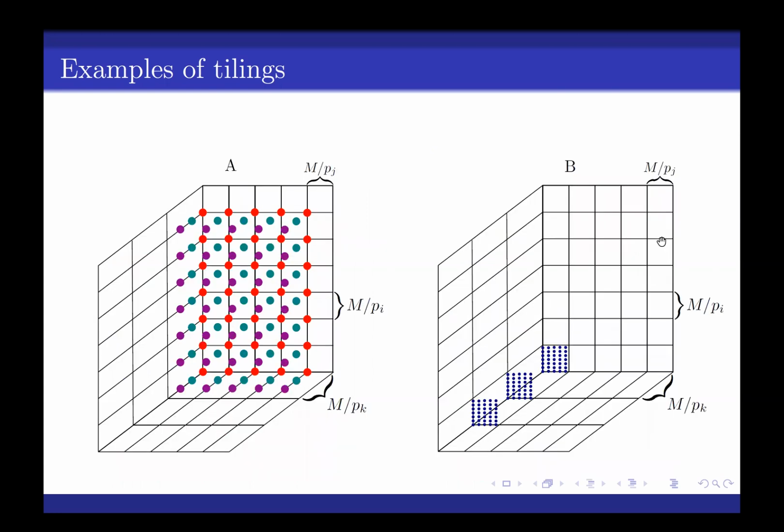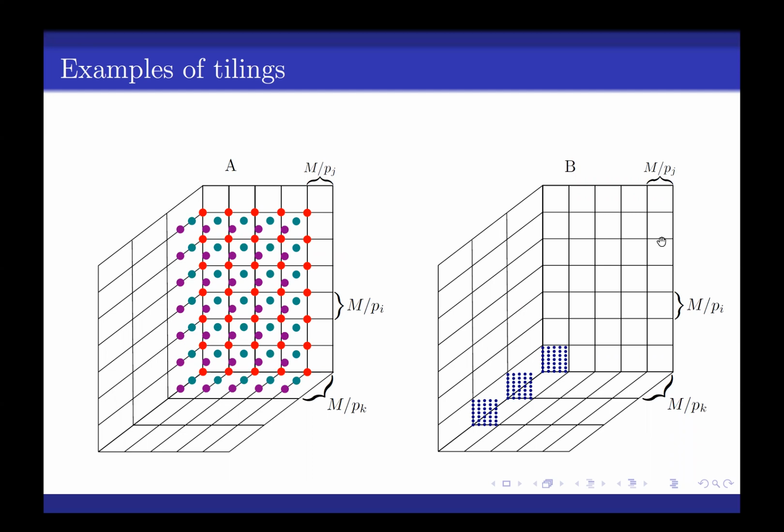Okay, one last example of three prime factor tiling. Here I placed A and B on different grids, just in order to make sure that it is somewhat understandable what's going on, because if I place them on the same grid, it would be a complete mess. But you should think of them as living in the same group.